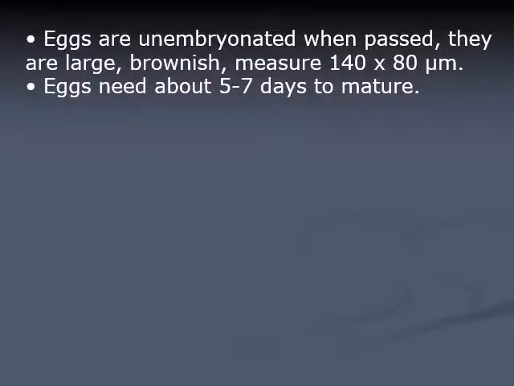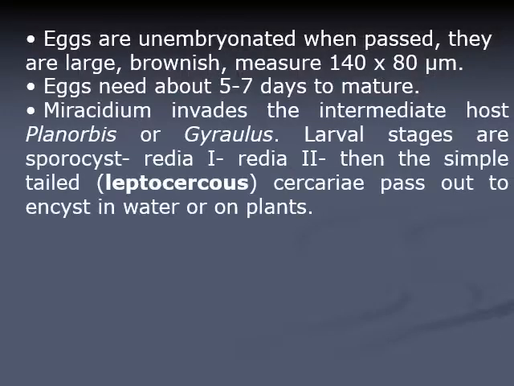The eggs need about 5 to 7 days to mature inside the water, and the miracidium comes out of the operculum and invades the intermediate host, which is a snail of the Planorbis or Segmentina families. The larval stages are sporocyst, redia 1, redia 2, and simple-tailed or gymnocephalous cercaria, which passes out to encyst in water or on plants.